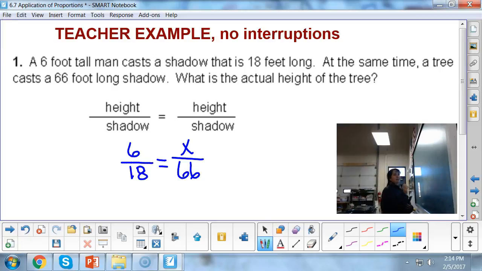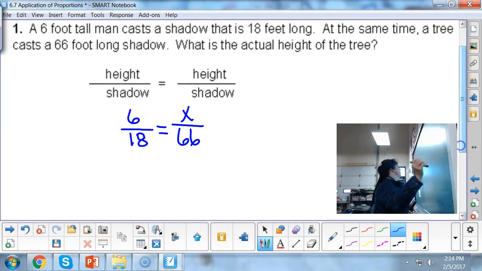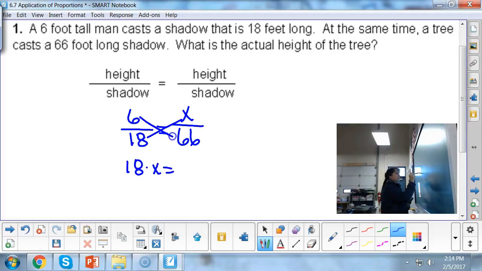So we're going to cross multiply to solve, just like we did on all the other proportion problems. So we have 18 times X is equal to 6 times 66. Okay, so 18x is equal to 6 times 66, which is 396.